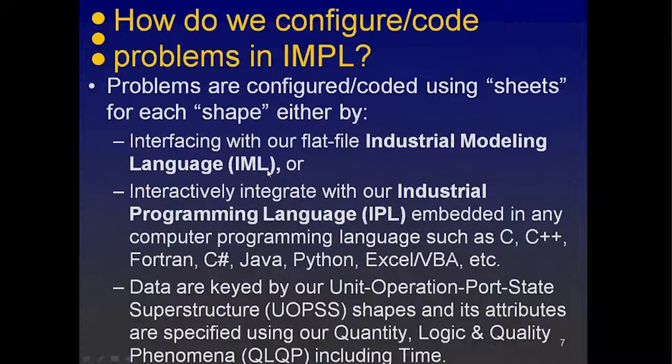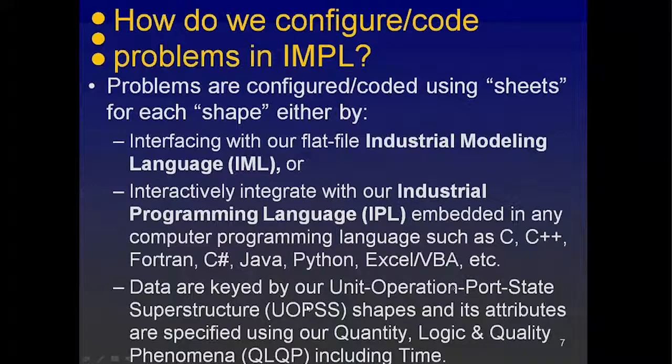I'll show you a little example of that. And as well as configuring the problem using the flat file, we also have the same APIs that you can use inside any programming language, such as C, C++, C#, Java, Python, and a big one, of course, Excel VBA. So everything that you can do with IML in a file, you can do as well in a programming language.